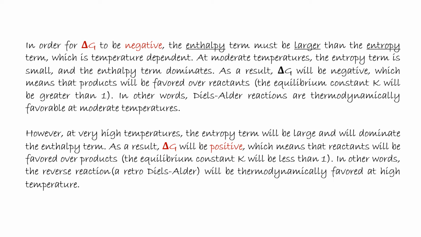In order for delta G to be negative, the enthalpy term must be larger than the entropy term. At very high temperature, the entropy term will be large and will dominate the enthalpy term, and delta G will be positive. If delta G is positive, then we favor the retro Diels-Alder reaction.